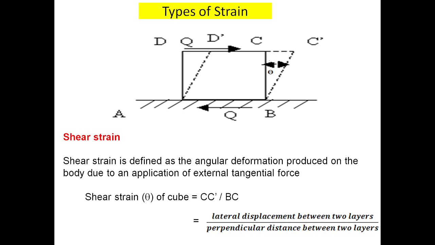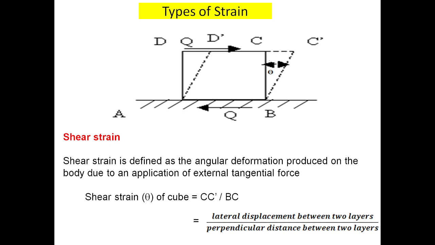The next type of strain is known as shearing strain or tangential strain. Shear strain is defined as the angular deformation produced on the body due to an application of an external tangential force. Shear strain theta equals CC dash by BC. Here in a rectangular object, AB is the fixed end and CD is the upper end.